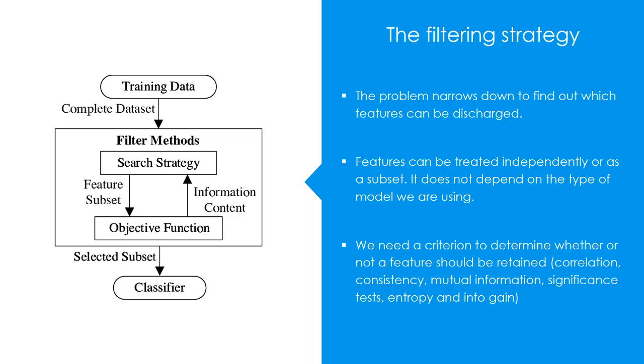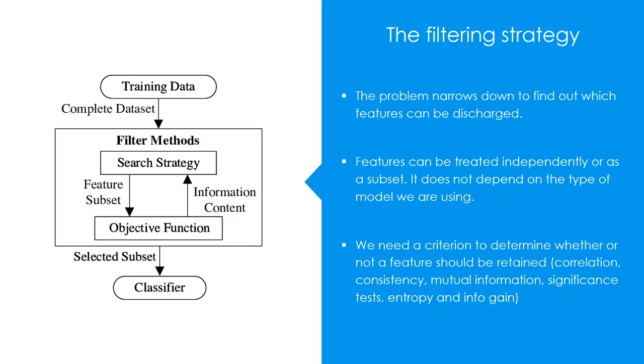And in order to do so, we can assume two different strategies. The first one is that we treat each feature independently, or we treat the features as if they belong to a subset of features.